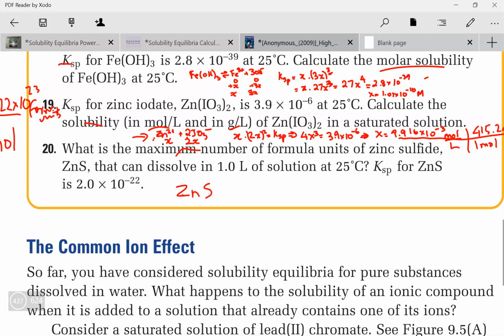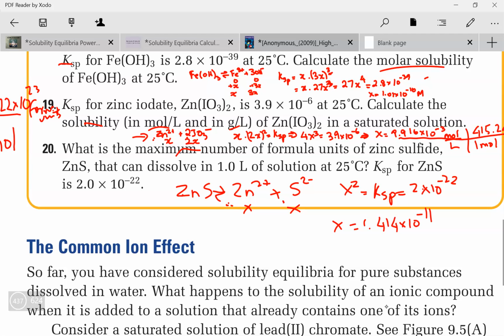Zinc sulfide, zinc 2 plus, 0, 0, plus x, x, x squared equals KSP, which equals 2 times 10 to the power of negative 22. So x equals 1.414 times 10 to the power of negative 11. That is my molar solubility.